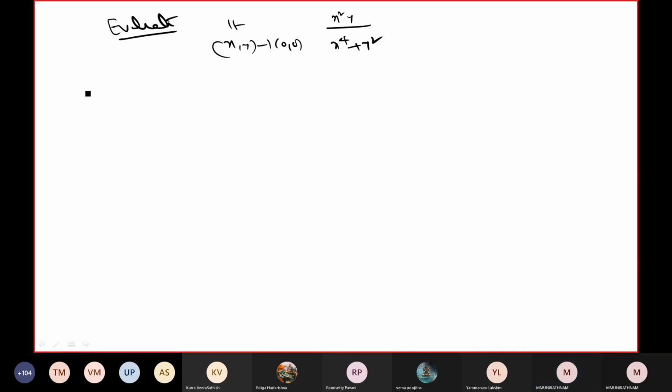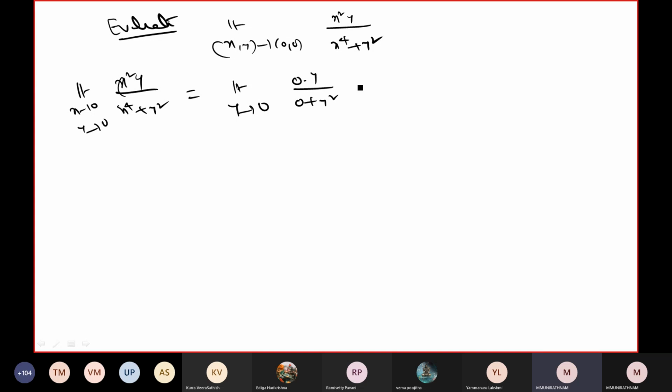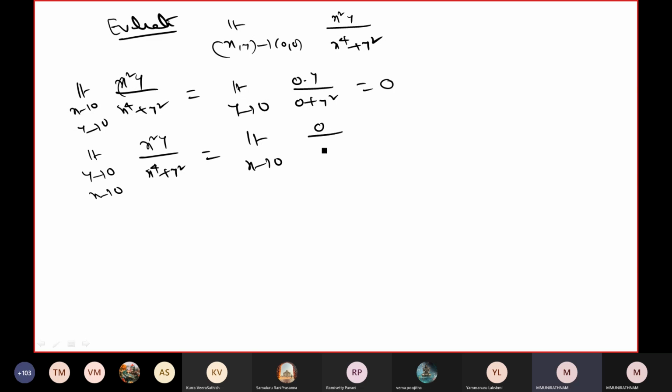So this is nothing but limit y tends to 0, 0 into y by 0 plus y square, which is 0. Now first y approaching, then go for x approaching. This is also 0 by anything, which is also 0.